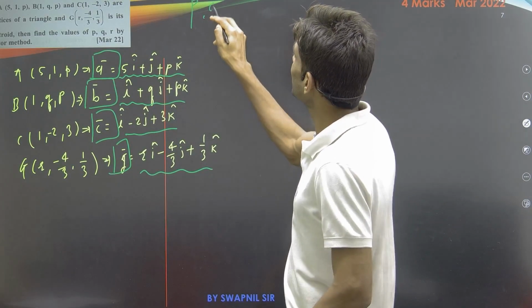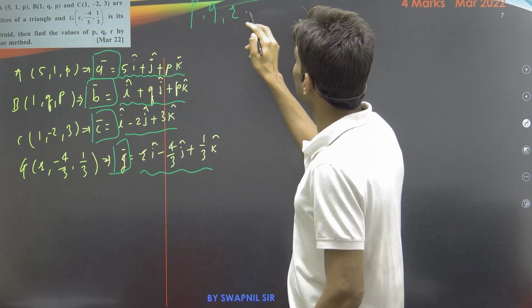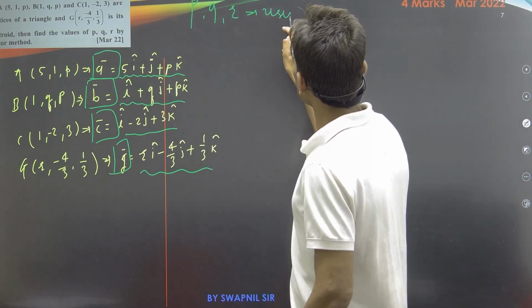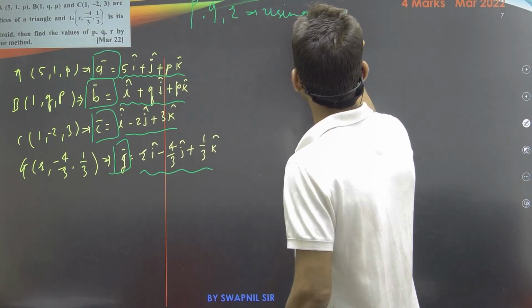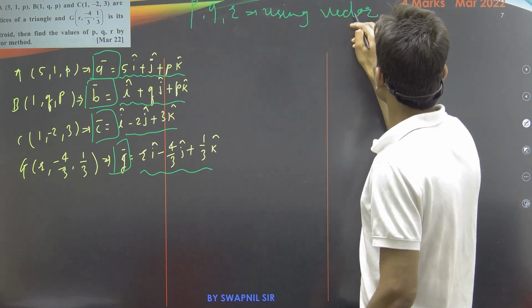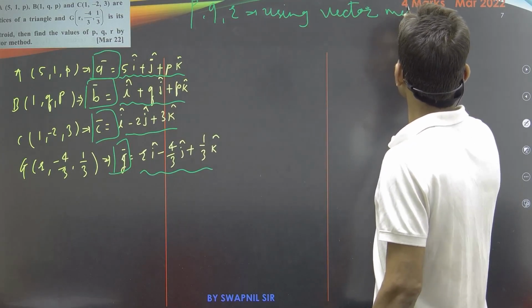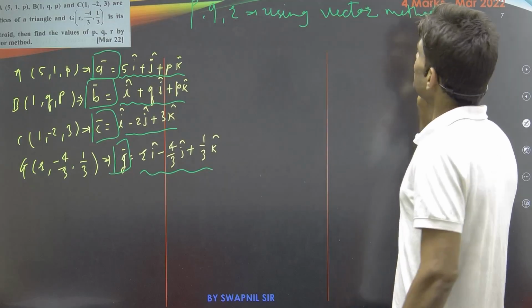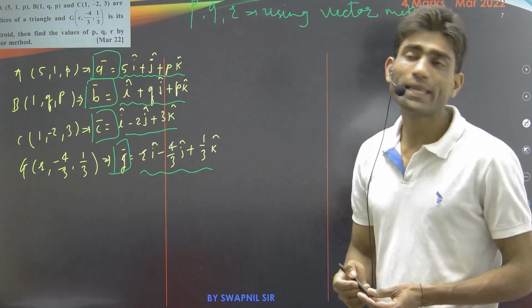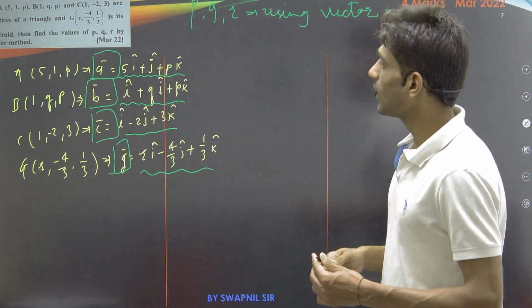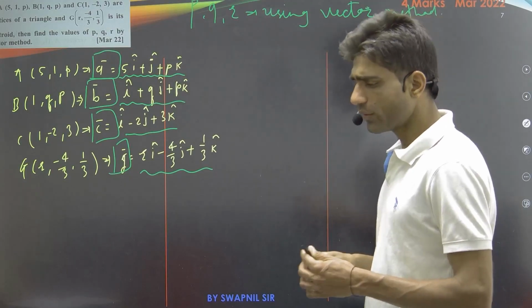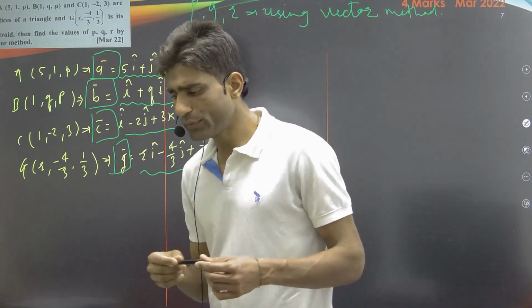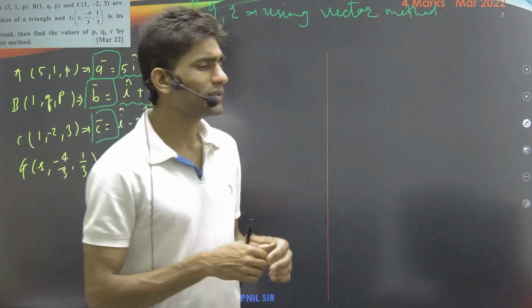Using the vector method we want the values for P, Q and R. As the centroid of our triangle is given, we define the centroid using our vertices.